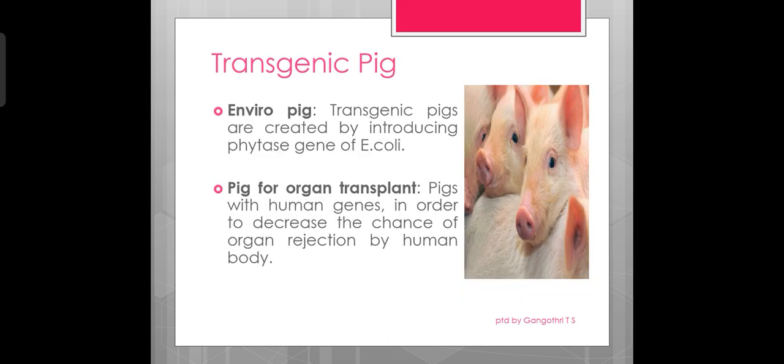Transgenic pig. Enviro pig. Pigs have trouble in fully digesting a compound known as phytate, which is found in many cereal grains used to feed them. Okay, the transgenic pigs are created by introducing the phytase gene, which is taken out from E. coli.